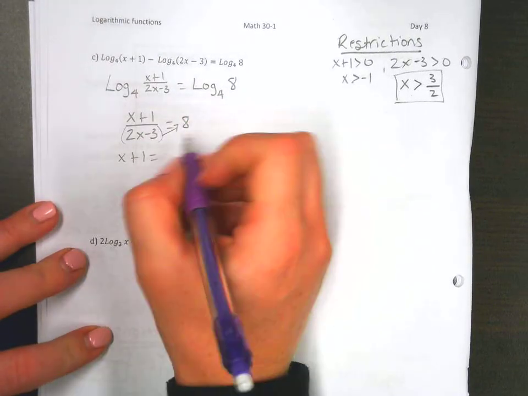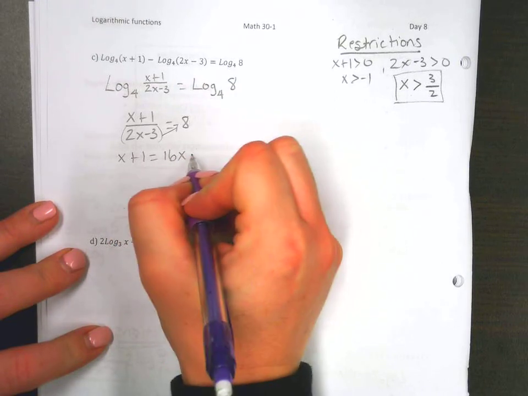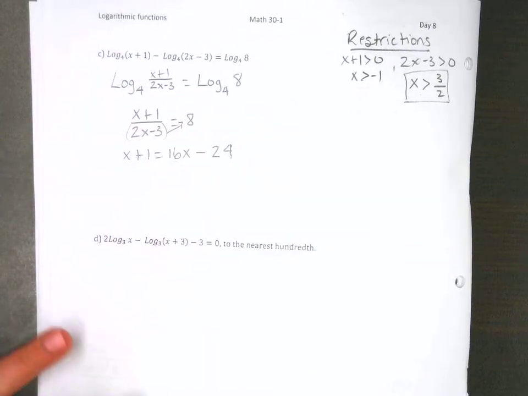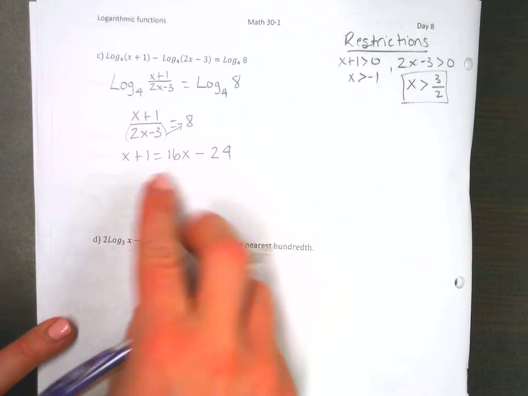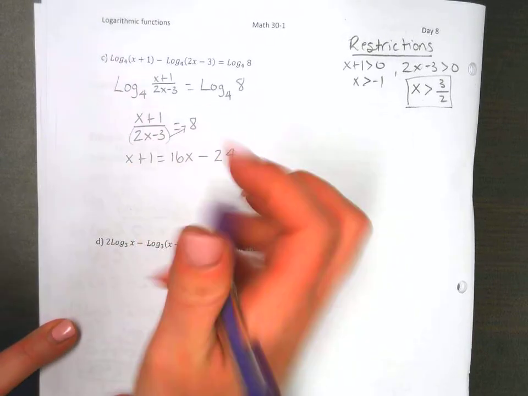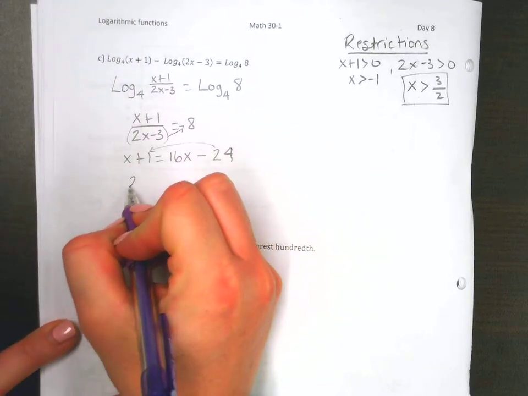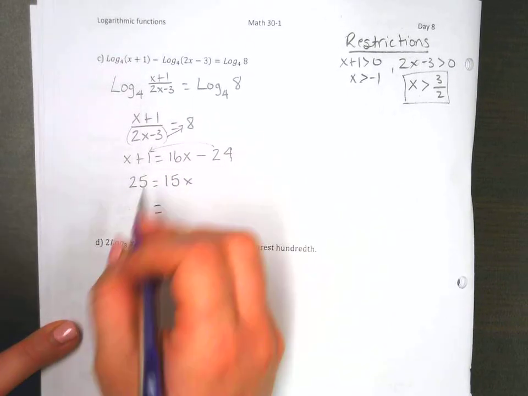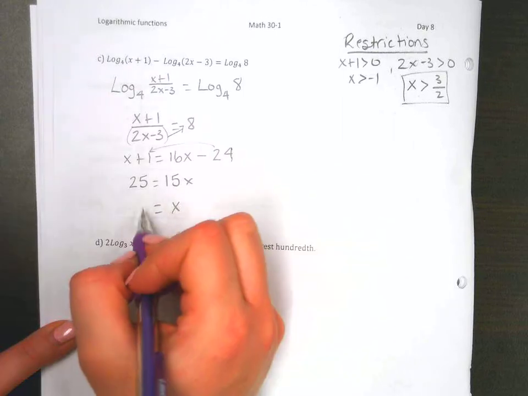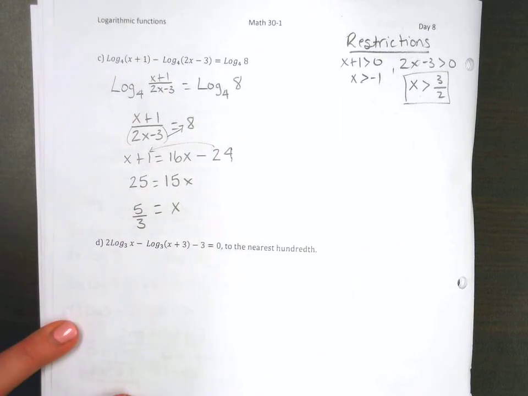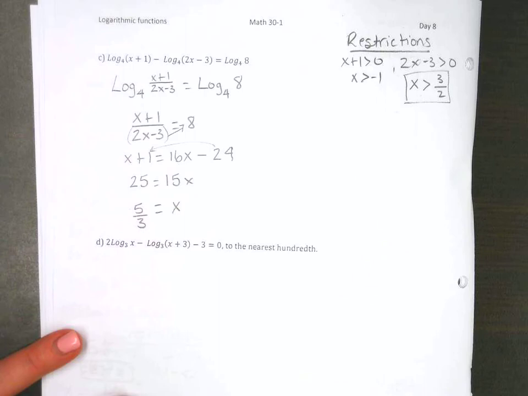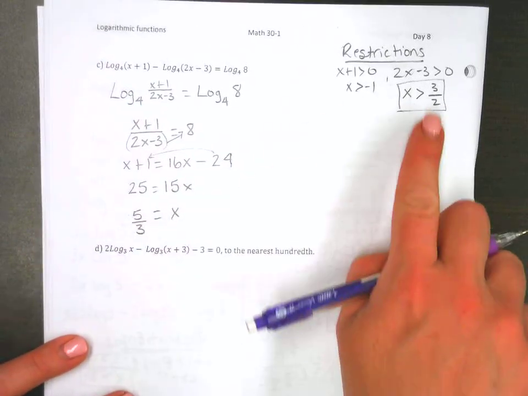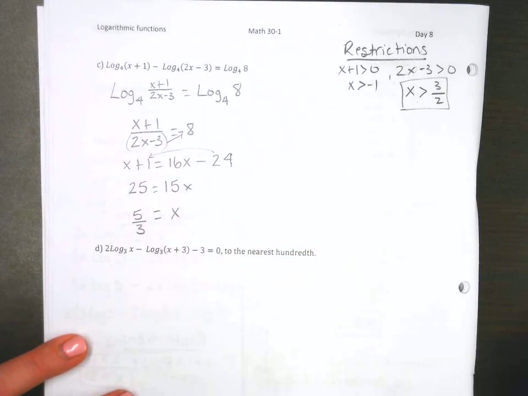It's a linear equation, so I'm going to bring my x's to one side, my numbers to the other. So this would be 25 equals 15x. Divide by 15, and x works out to a simplified fraction of 5/3. So then I'm going to check with my restriction: is 5/3 bigger than 3 halves? And yes, it is. So then we can circle that solution. Okay.